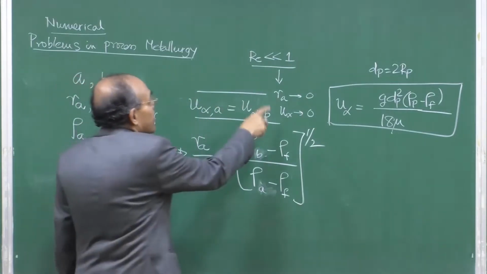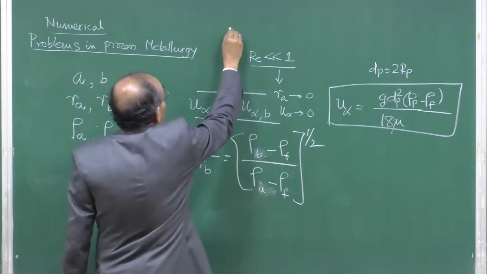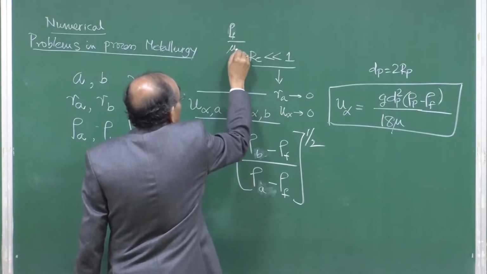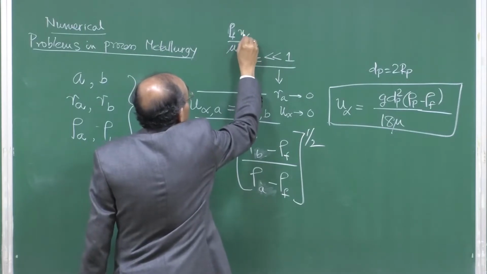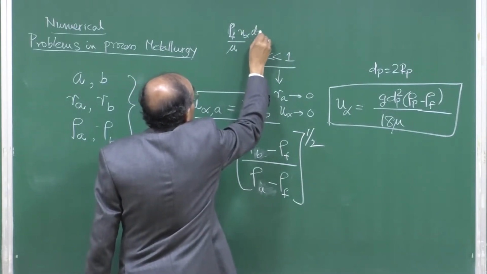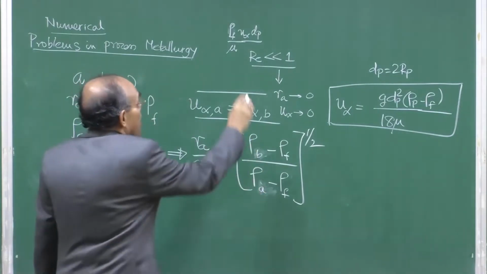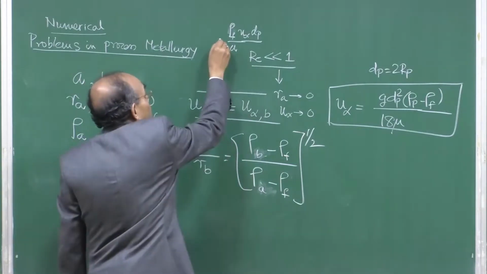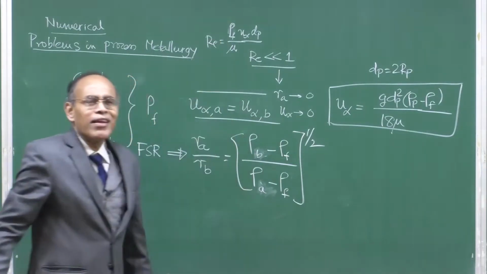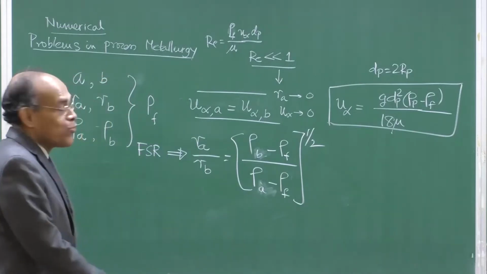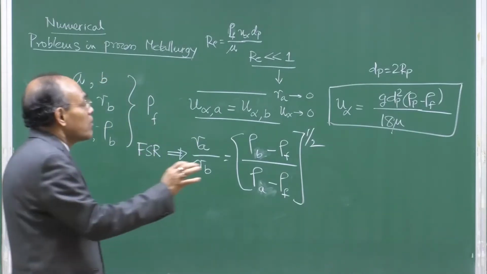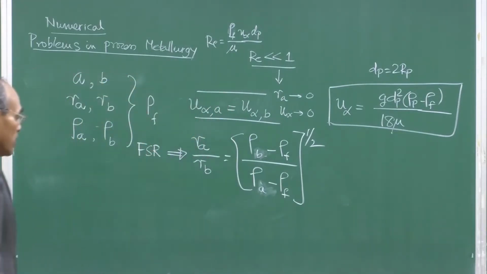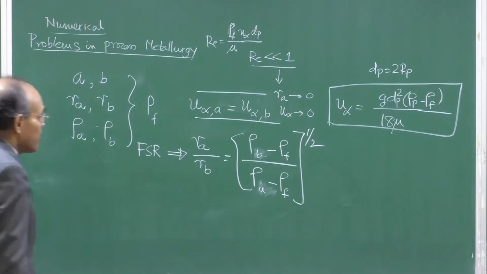The Reynolds number is rho fluid times u infinity times the diameter of the particle, divided by mu. So, if u infinity is small and dp is small, the Reynolds number is going to be an extremely small quantity, and Stokes law is valid when the Reynolds number is almost 0 or much less than 1.